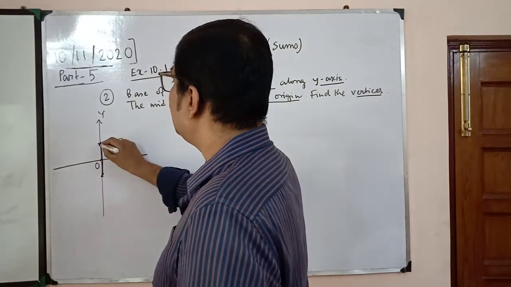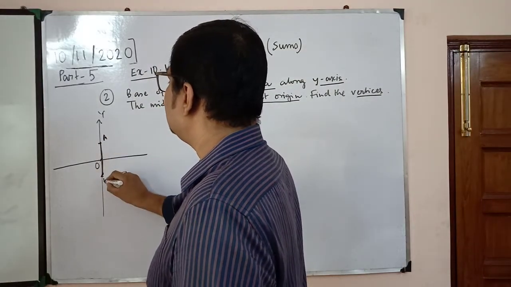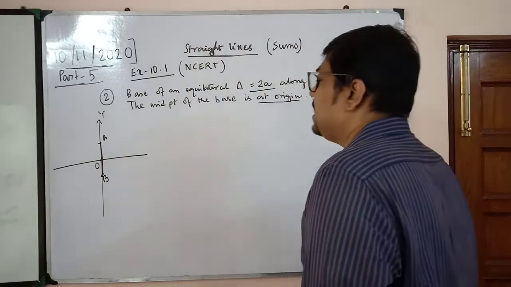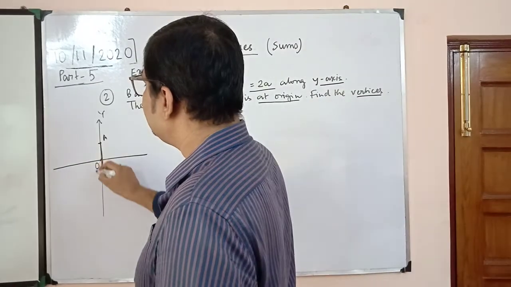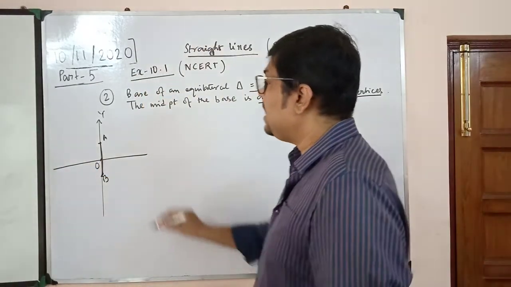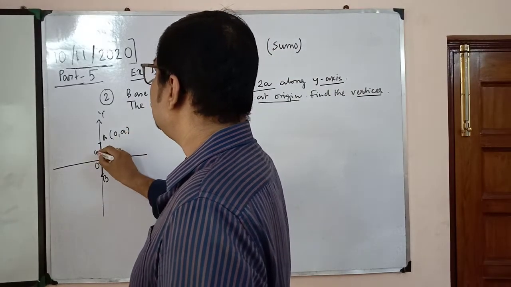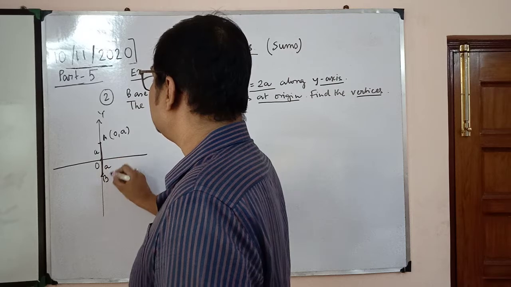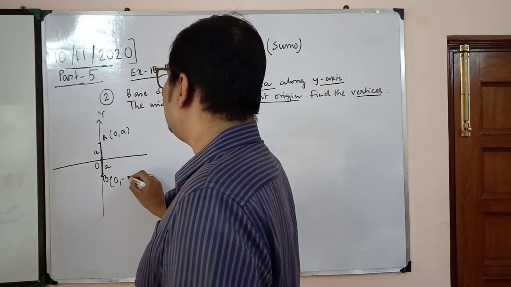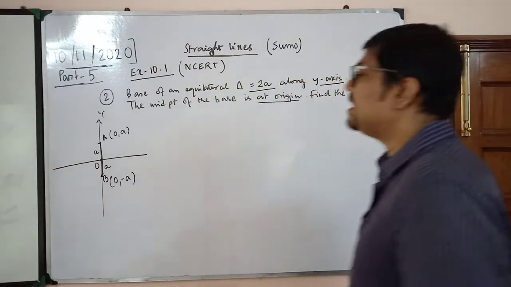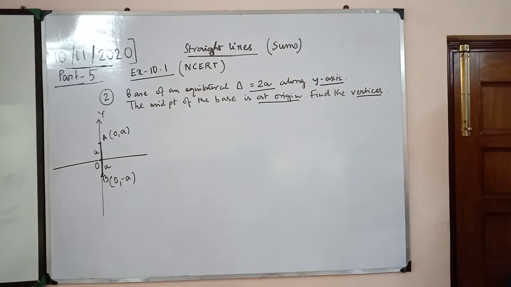The entire thing is 2a, so this point will be 0 comma a, because this is a units. This is also another a unit, so this will be 0 comma minus a.